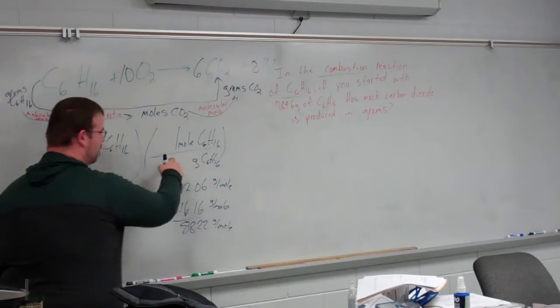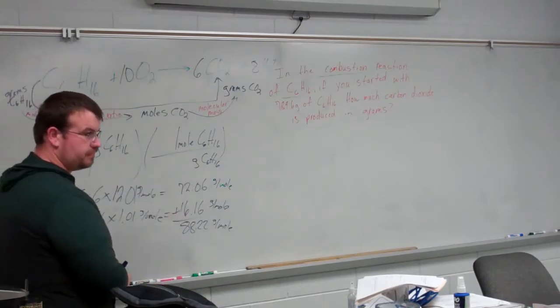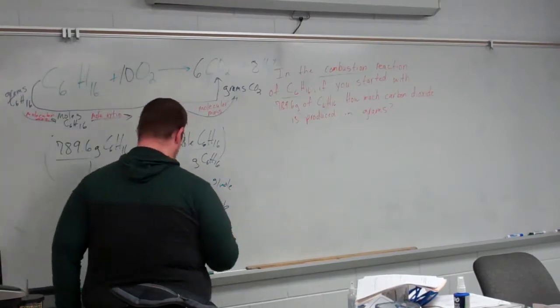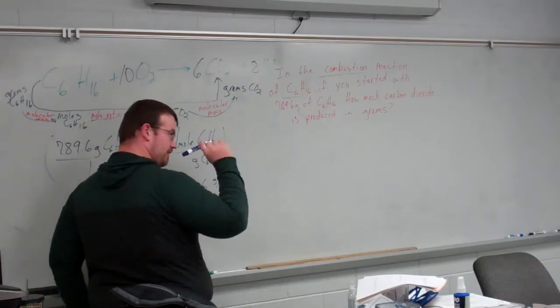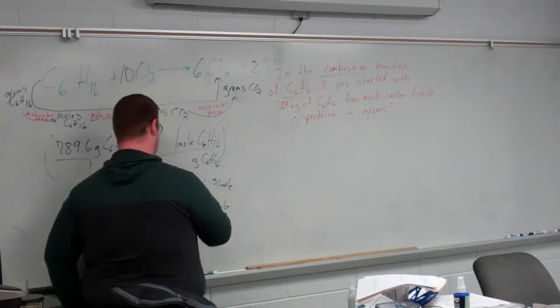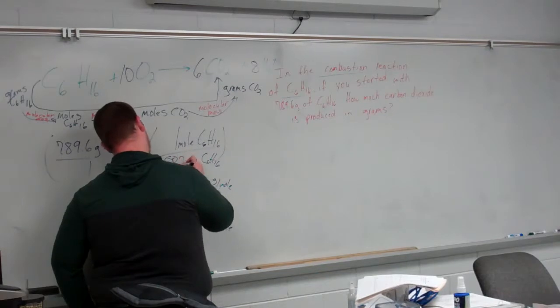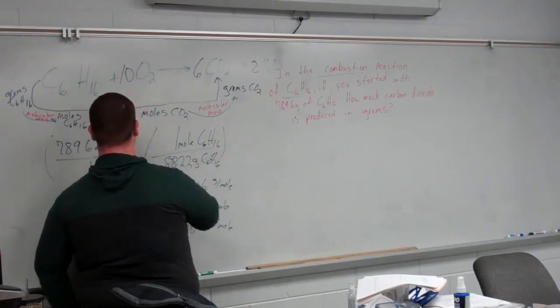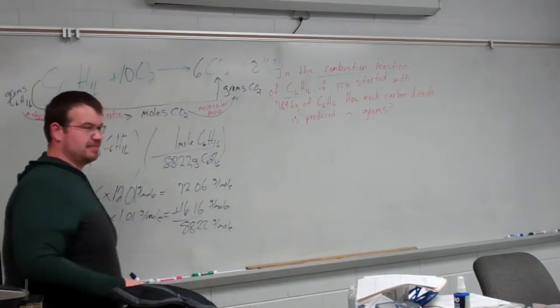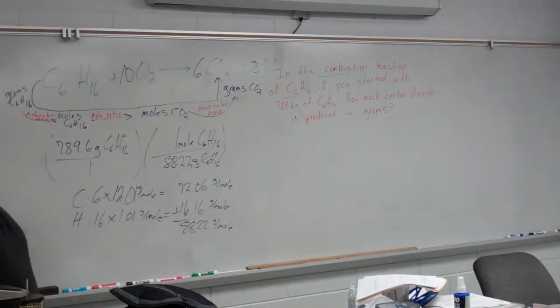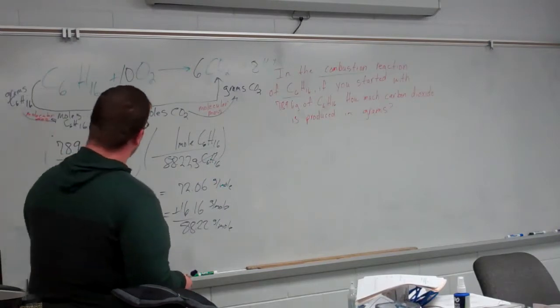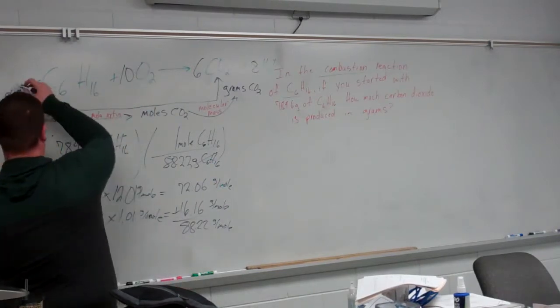What number is going to go here with this grams? 88.22. So grams of C6H16 cancel. It's like nobody wants to speak. I'll point my pencil. That number. Alright, so now we are done here.